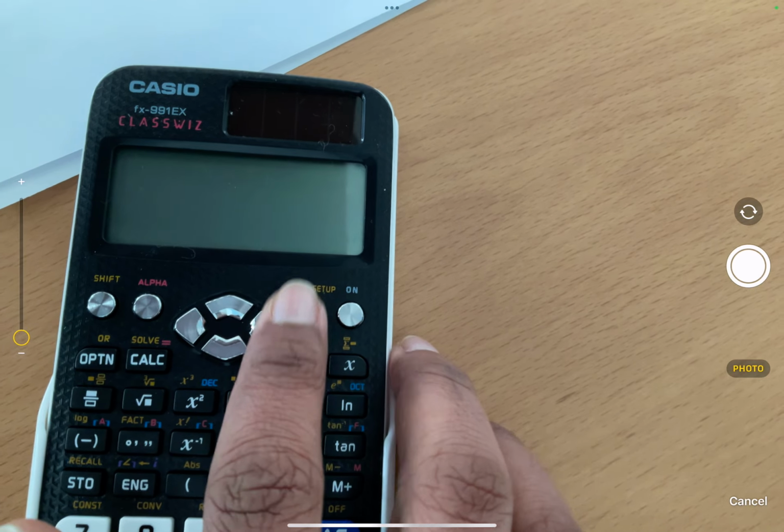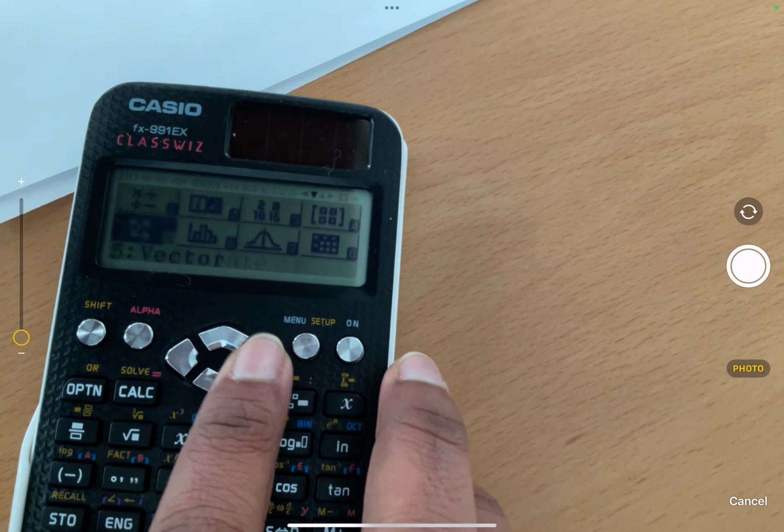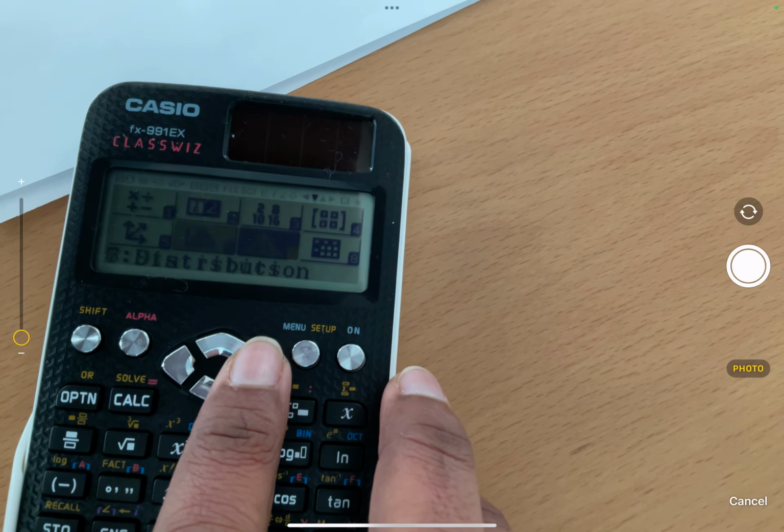Right, so you go to your menu, and then you have distribution. We are doing less than or equal to 7.